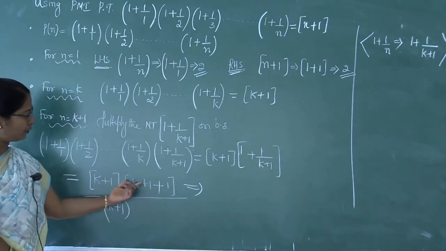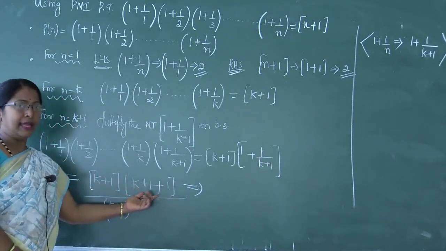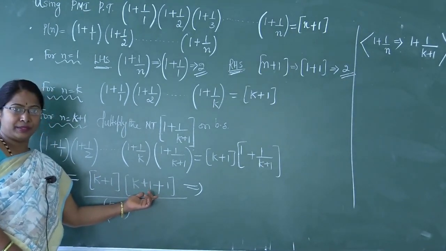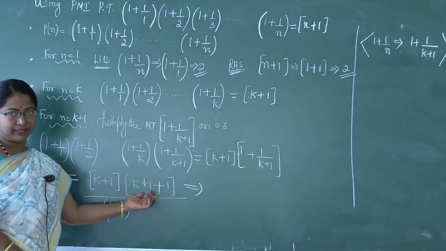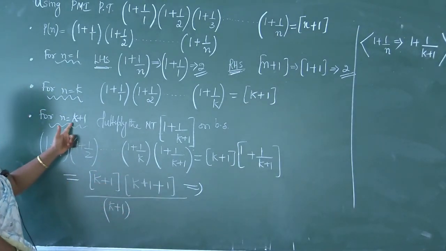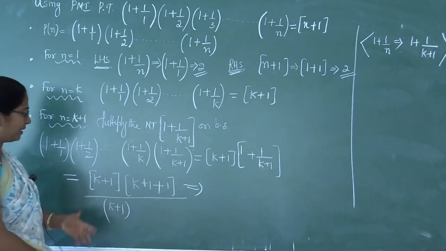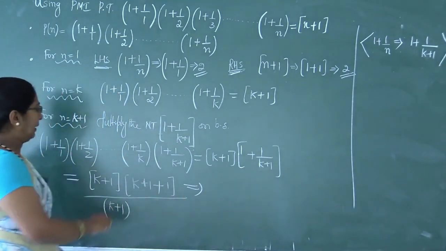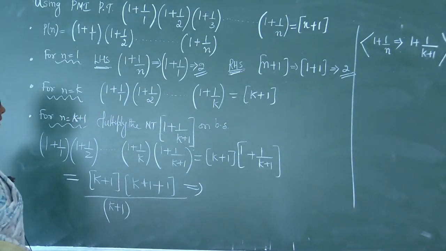Next step, instead of you writing k plus 2, as I mentioned in yesterday's session, each term of k must be represented in terms of k plus 1. You can directly write here, what is k plus 1 equal to? N. So in place of k plus 1, what do I write? K plus 1 into k plus 2.